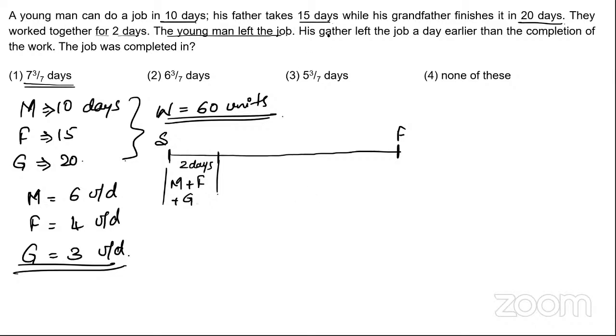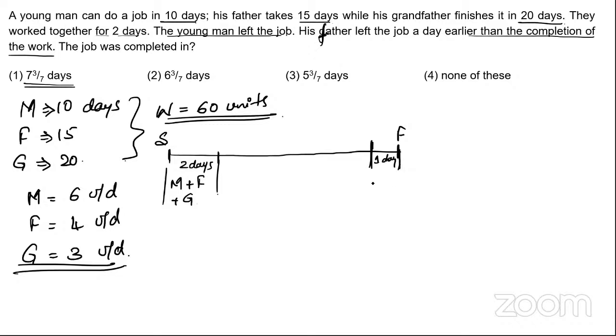Okay, not his grandfather, his father. I assume it's father. If it's grandfather, then it's a problem. His father left the job a day earlier than the completion of the work. So let's say this is the time period which is 1 day before the completion.